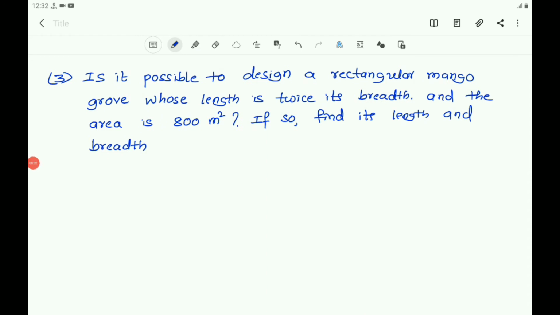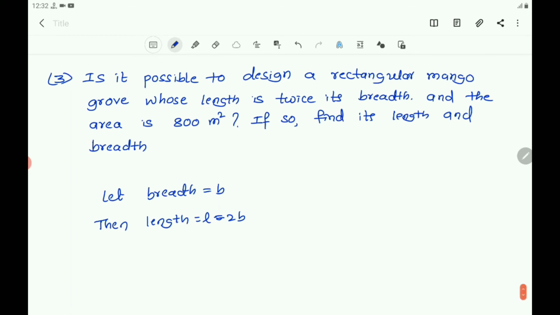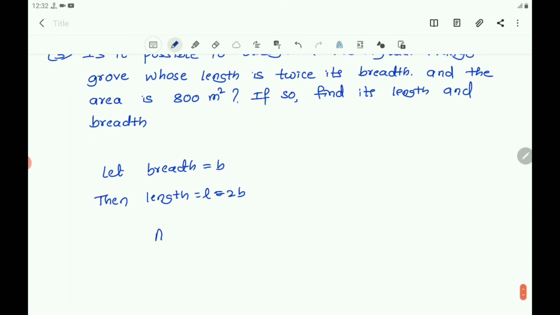It is given that length is twice its breadth. So let breadth equal b, then length L equals 2b, that is twice the breadth. And the area is given. You know that area equals L into b, which is 800 m square.